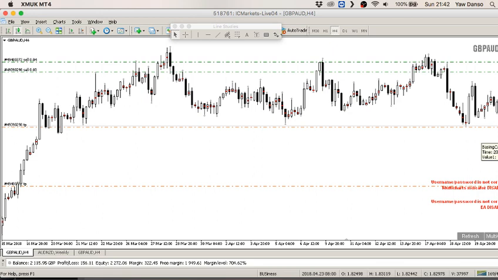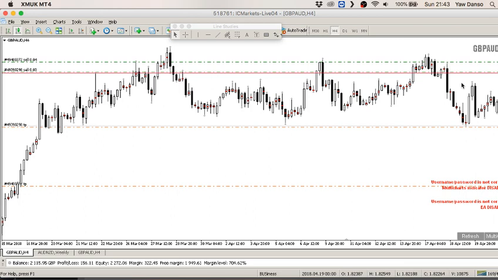And I did my analysis. So I wake up, I get on my chart, I did my analysis, and I was like, if price gets up here, where my line is, I'm going to sell the British pound and then buy Australian dollar.